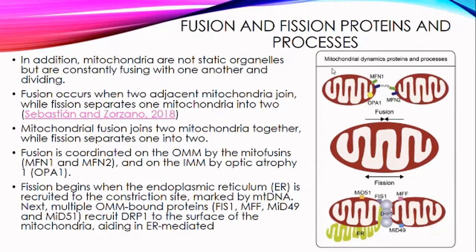In fusion of mitochondria, it requires some receptor sites that we call MFN1, MFN2, and OPA1. When you have these sites, it allows the mitochondrial membranes to fuse into one mitochondria. But aside from that, we also have fission, in which the mitochondria will divide itself.